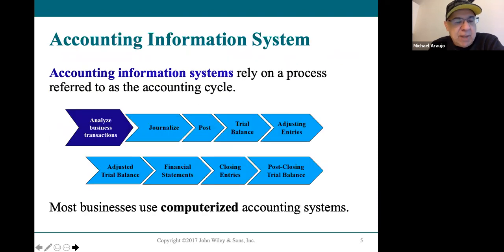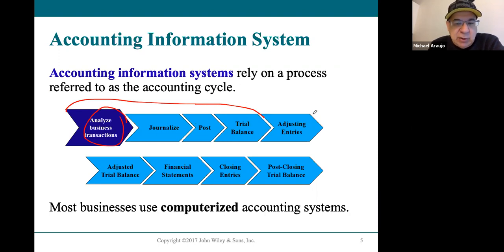Chapter 3 covers the first 4 parts of this process. Okay. Emphasis on analyzing the transactions. If you analyze things well, all this other stuff works out.